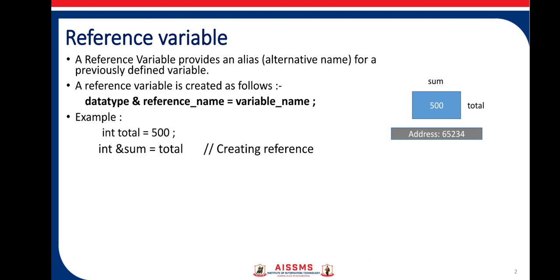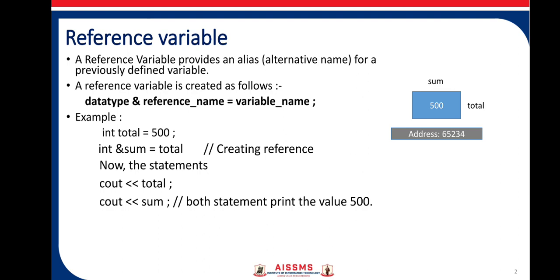So this is how we can create a reference. Now if I print the value with name total, and if I print the value with name sum, both the statements will print the same value, that is 500, because both are accessing the same memory location, or both are the names given to the same memory location.